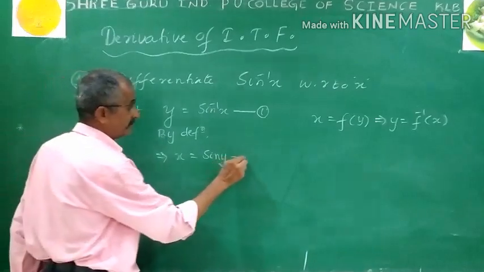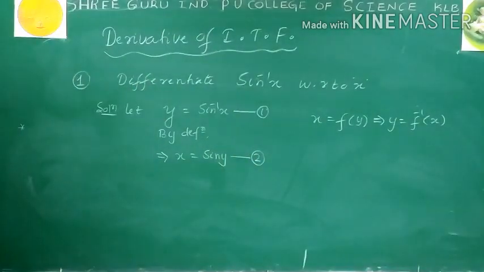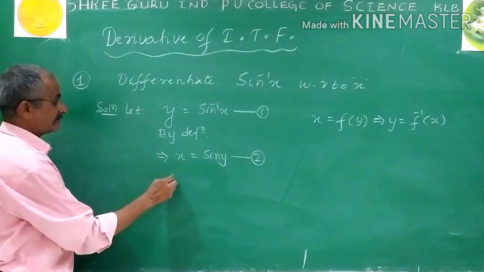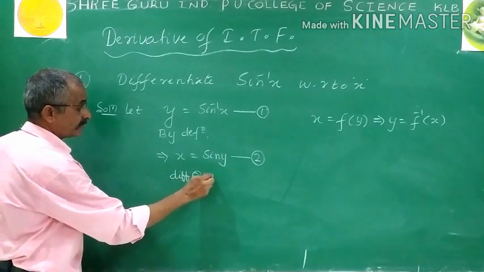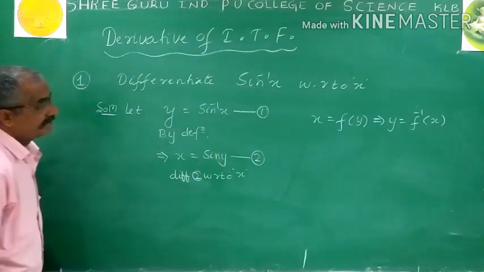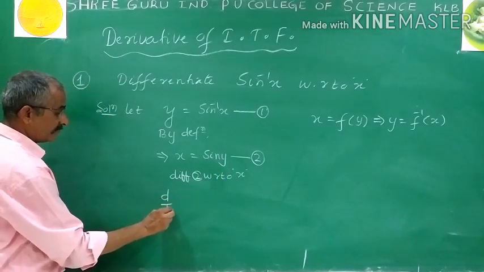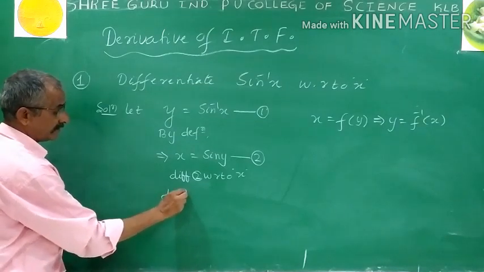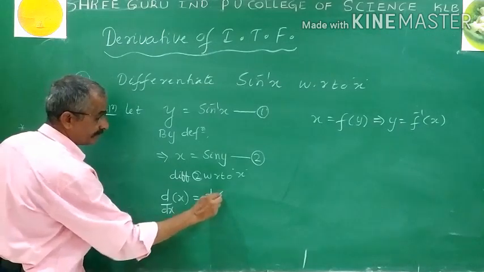You call this equation 2. So let us differentiate equation 2 with respect to x on both sides. Left hand side, differentiation of x with respect to x. Right hand side, differentiation of sine y with respect to x.